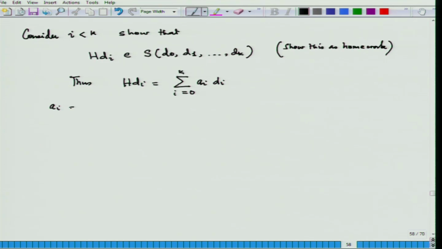where a i, with i from, these are constants.